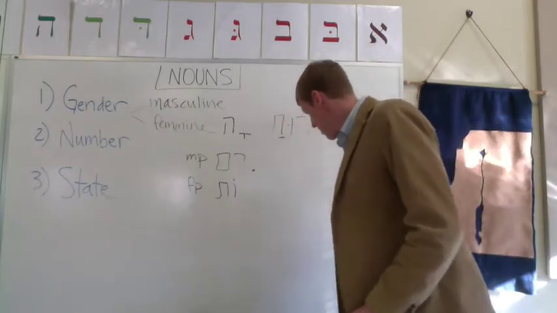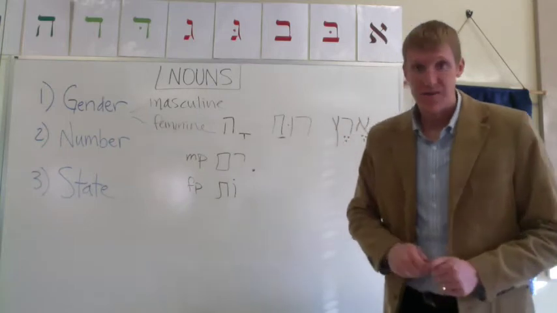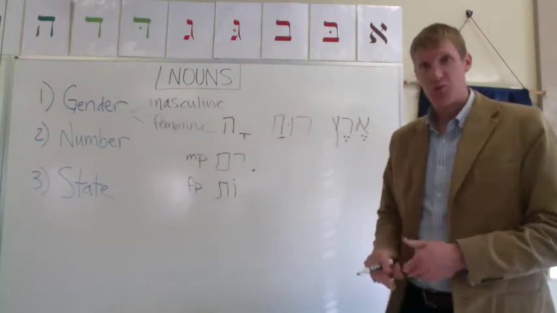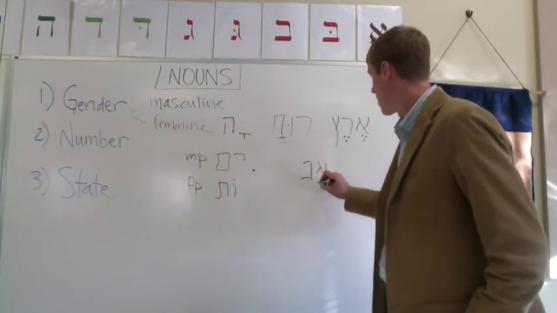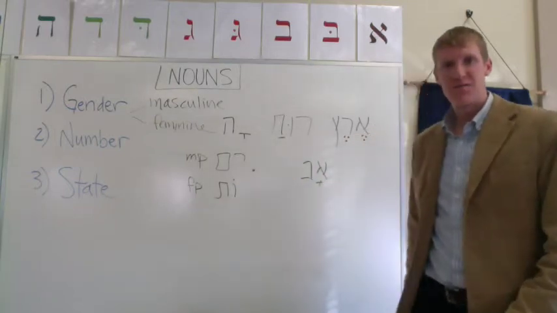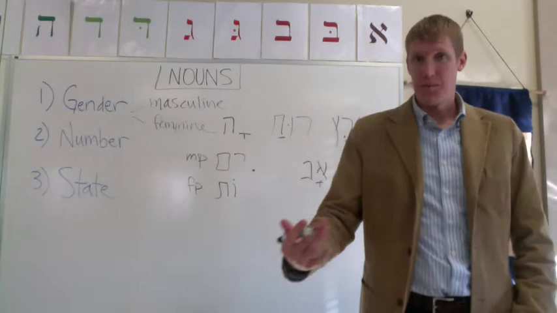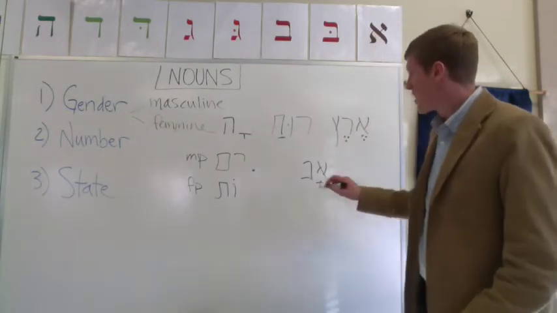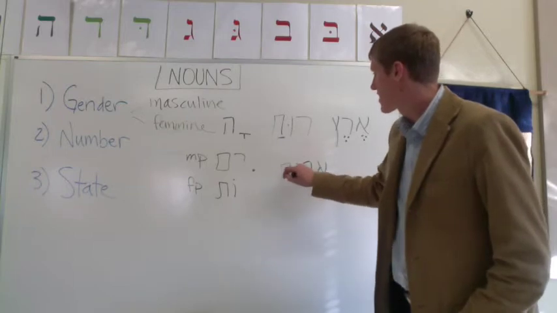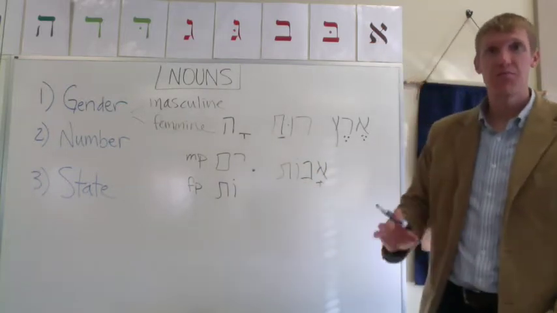So for instance, the word av is the word father. If you make it plural, more than one av, fathers, it takes the feminine plural ending.